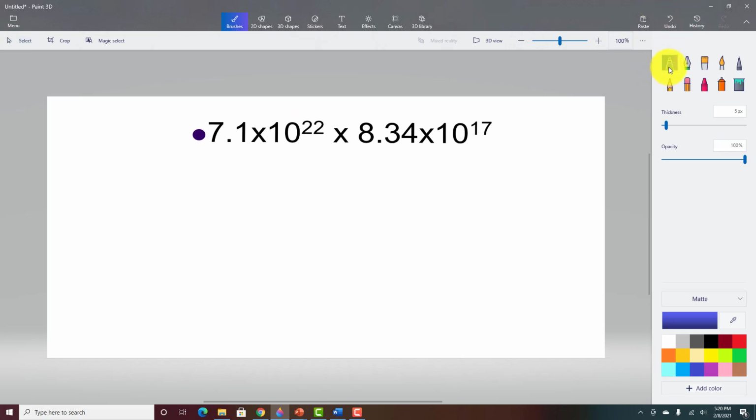Okay, so with multiplication, you just take your front numbers, 7.1 and 8.34, and you multiply them. So 7.1 times 8.34, and that will give you 59.214.